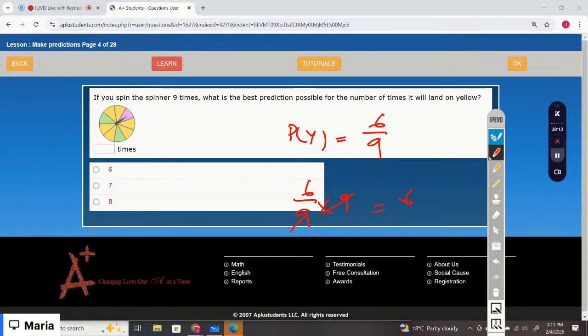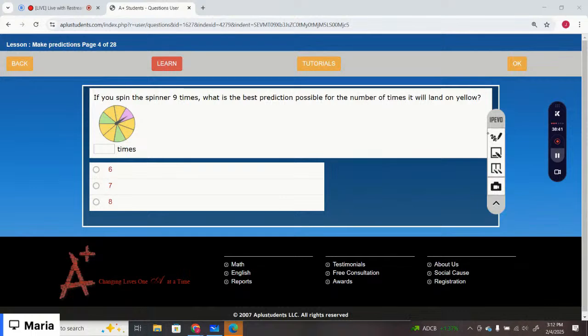You're left with 6. The correct option is 6. Option number 1 is the correct option.